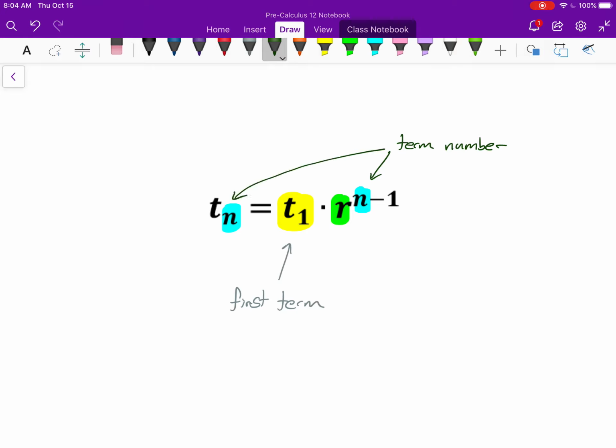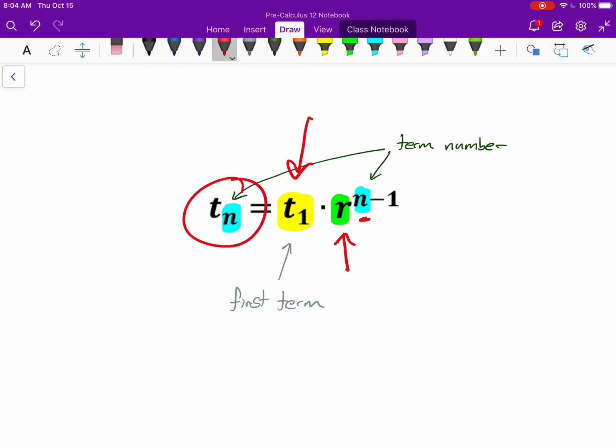And so we'll use this in a moment, but in general, all this really means, if you want to find any term of a geometric sequence, all you need to do is find the first term and multiply by the common ratio a number of times. How many times? 1 less than the term number.